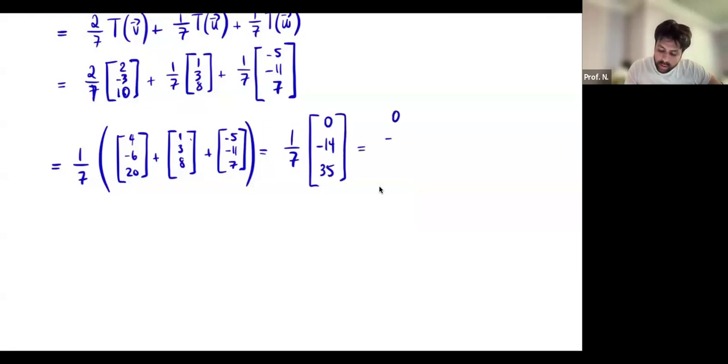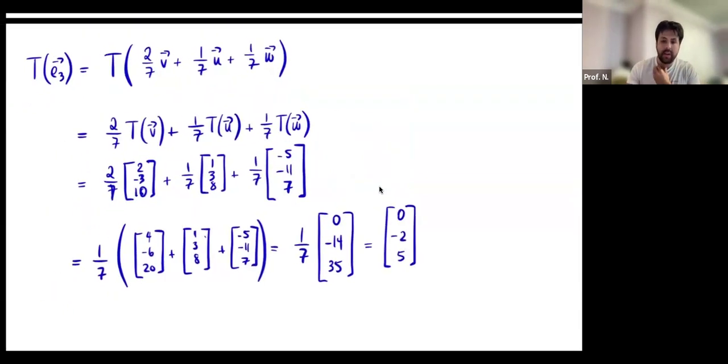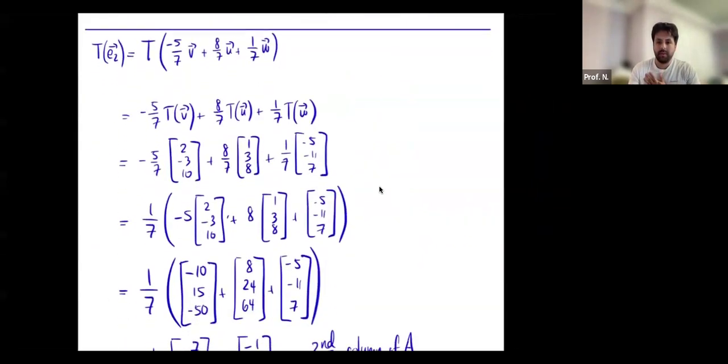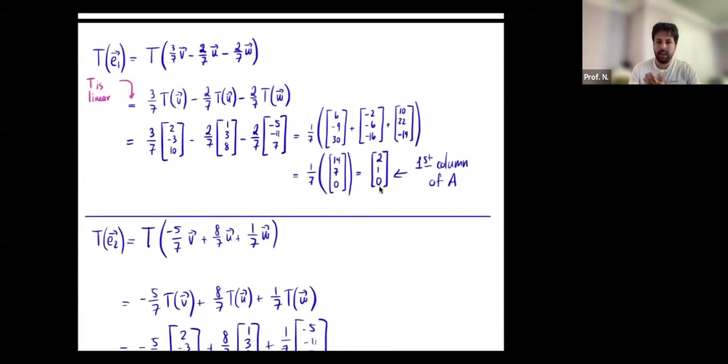So you get 0, negative 2, and 5. So what did I just find here? Third column of A. My third column of A was what? 0, negative 2, 5.